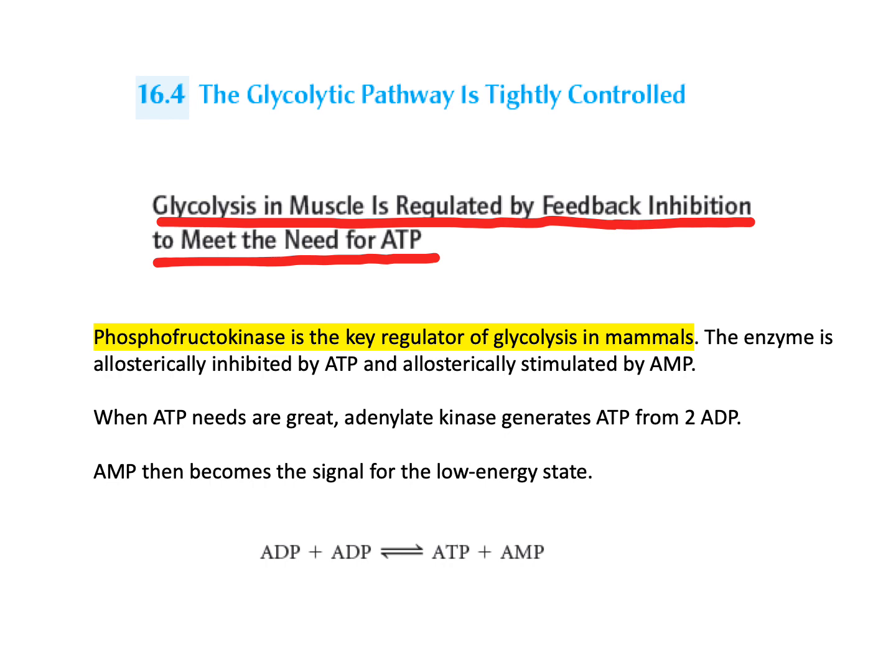Phosphofructokinase is the key regulator of glycolysis. This is inhibited by ATP and stimulated by AMP. When you need ATP, you consume more ATP, then your body has a higher concentration of AMP.